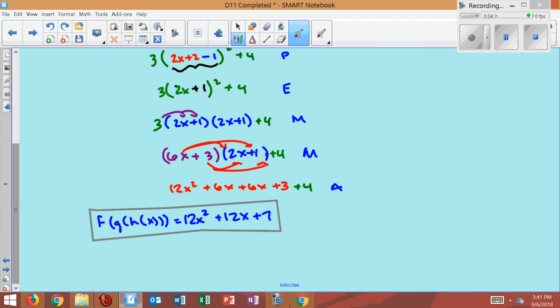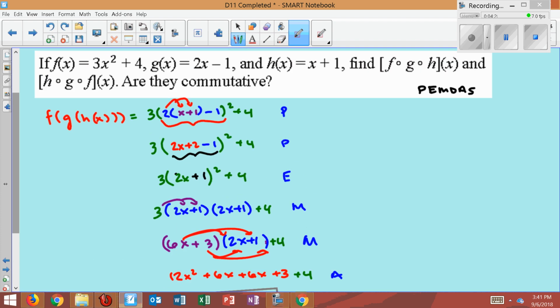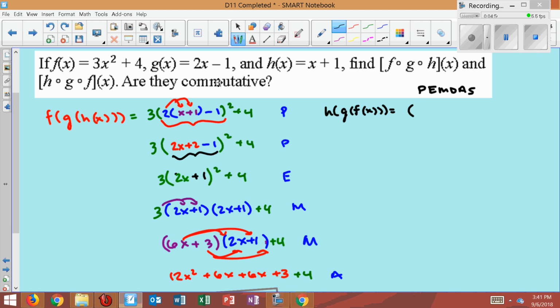Now let's go over and we'll try the opposite. We're going to try now h of g of f. All right, so this time I start with h. H is x plus 1. So right away, I'm doing a parenthesis. So I have a parenthesis, and now I do g, which is 2 times an x.